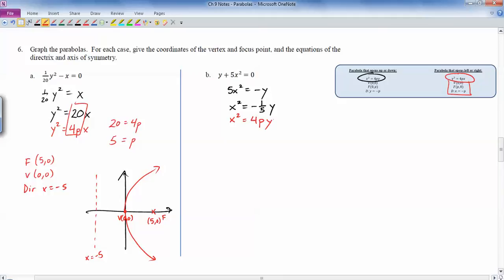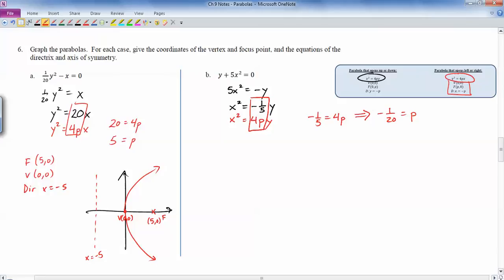Okay, the x squareds match up, the y matches up. So that means the -1/5 has to equal 4p. Well, if I divide both sides by 4, then I've got -1/20 equals p. Right? Or you could think of it as multiply both sides by 1/4 if that's easier.